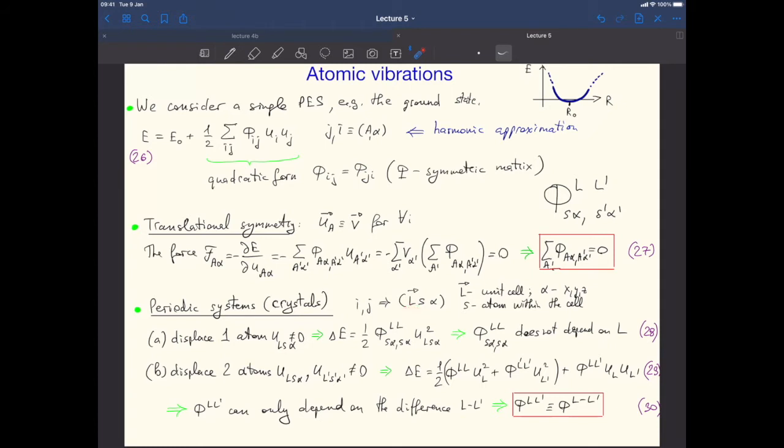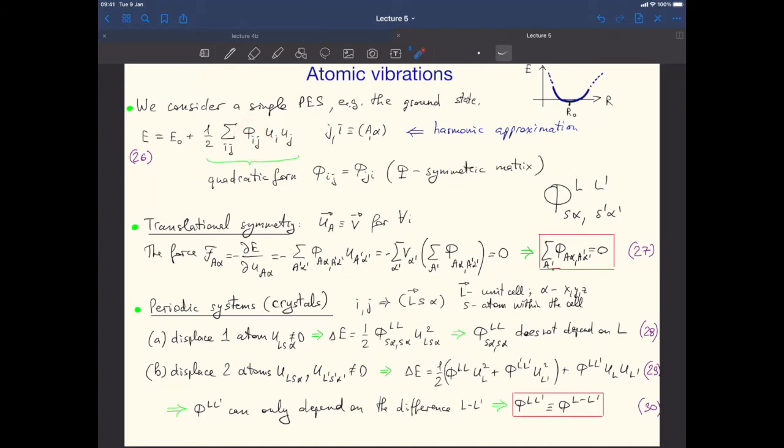One, L, is the lattice vector, S is the basis index in the unit cell, and alpha is the Cartesian component x, y, z.